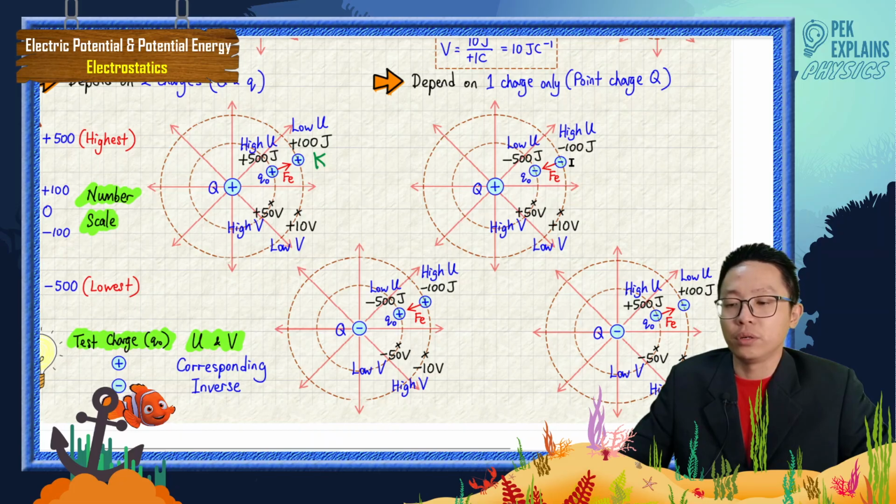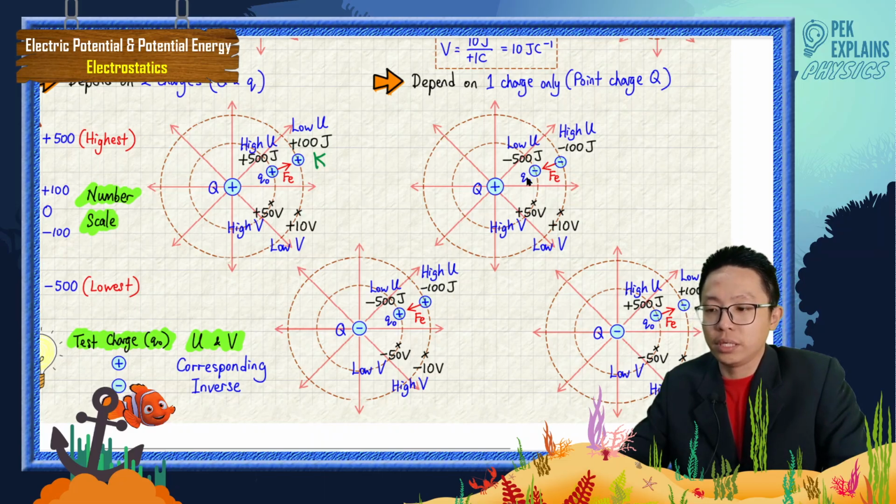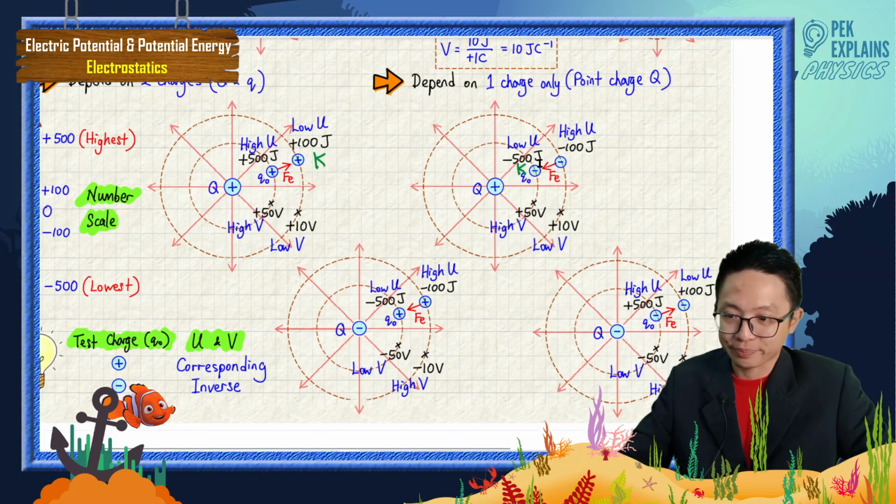This test charge will automatically go nearer to the positive point charge because of the attractive force. So the higher potential energy will convert to kinetic energy as it goes nearer to the positive point charge. So why does high potential energy become low potential energy?